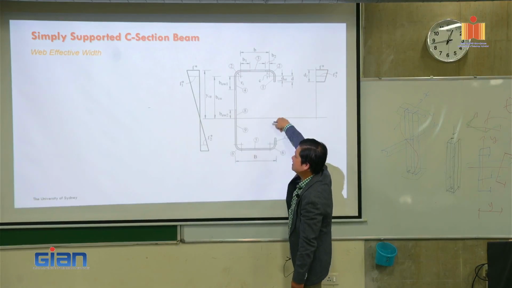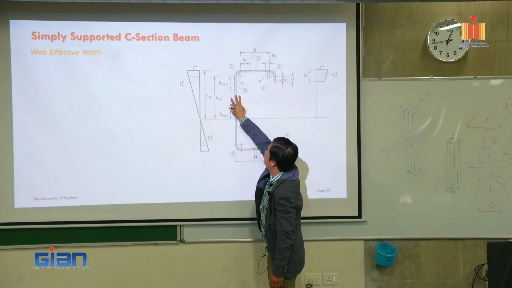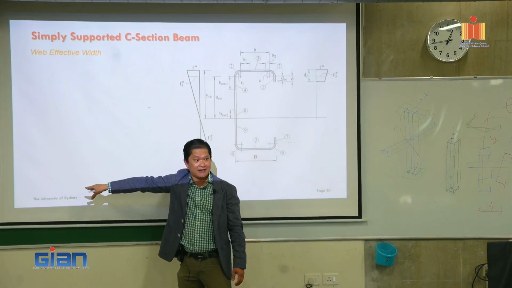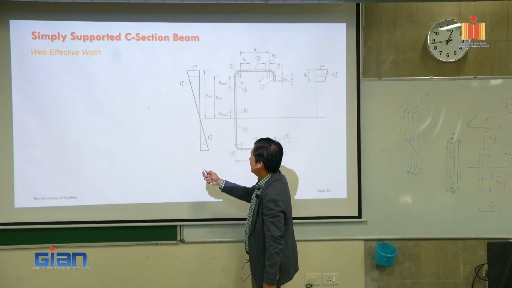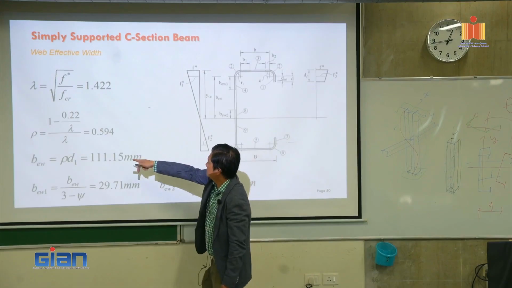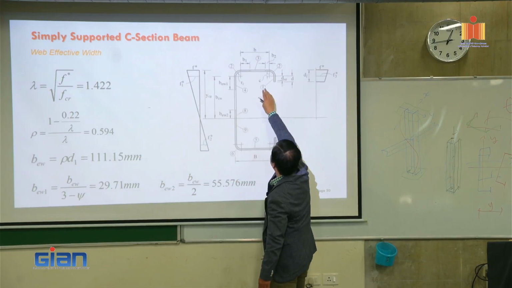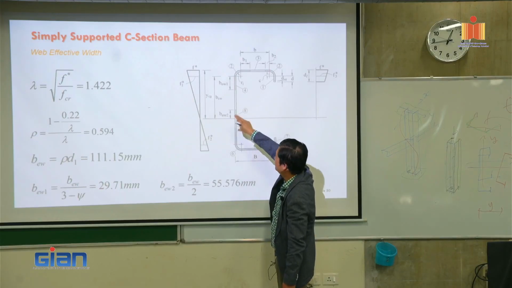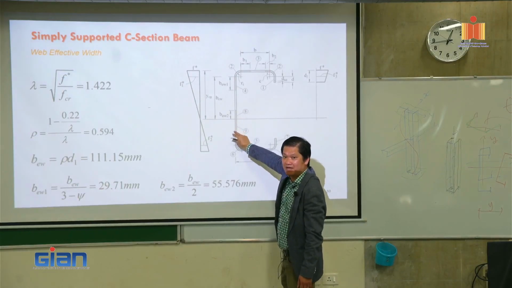So now we have a new section with that removal of area with the assumption that we made at the beginning. Then we can calculate again. Not everything: the top flange and the lip we've done already, so we don't have to worry. But the web we have to do again.